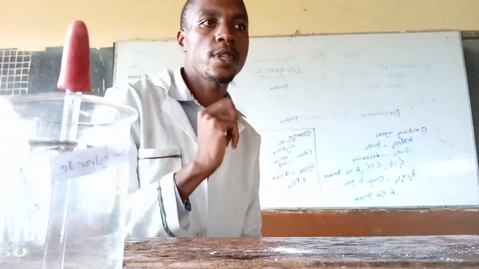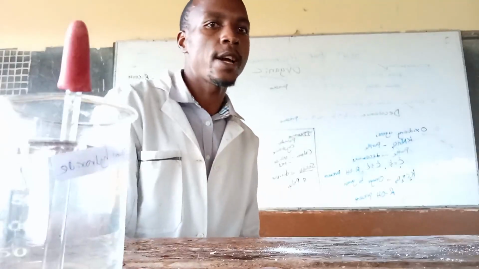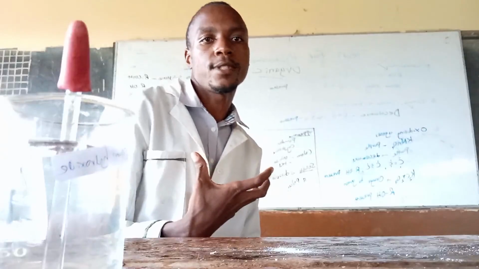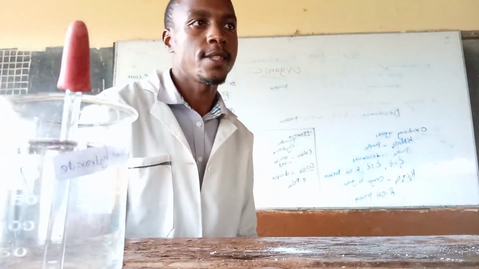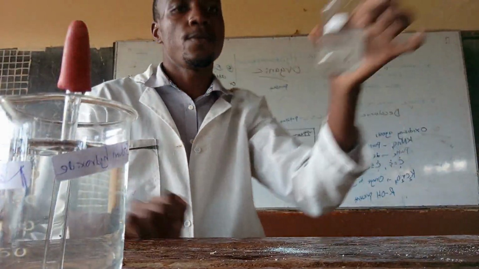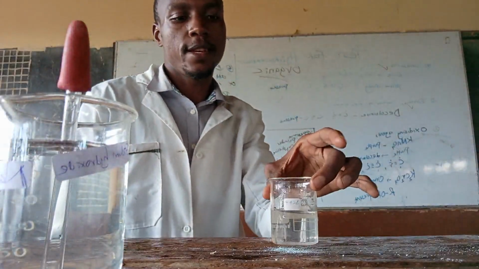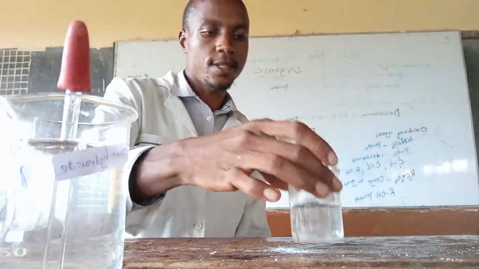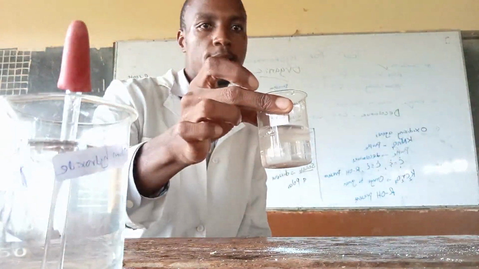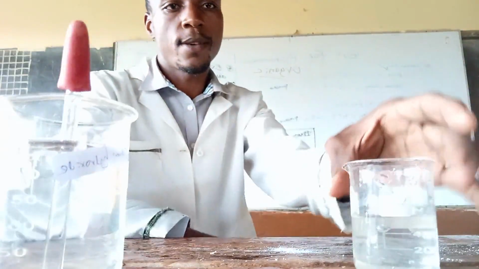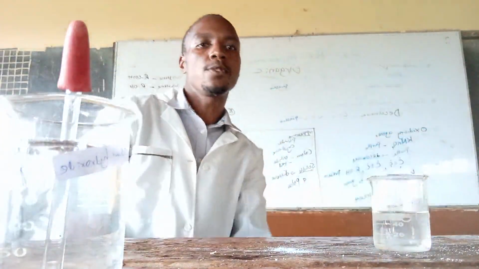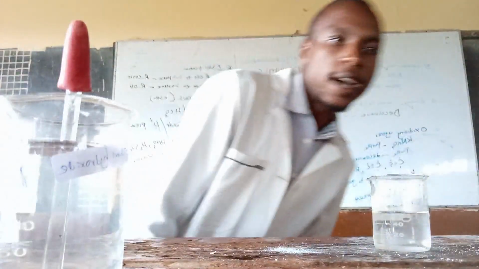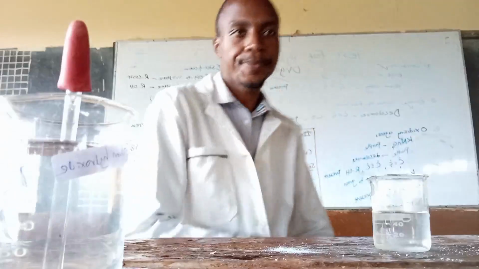So we have two substances here, and we are not sure the kind of ions inside these substances. The first substance is this, a colorless solution. We don't know what is in there, but at the end of our test today, we should be able to tell what we have in here.